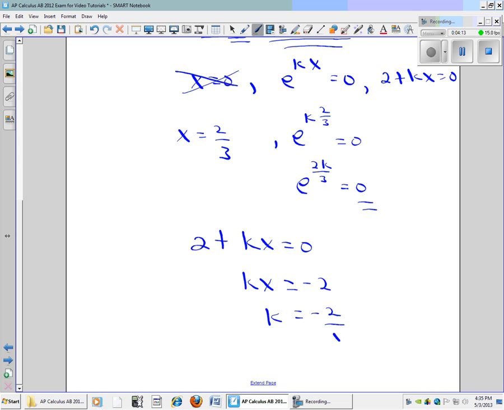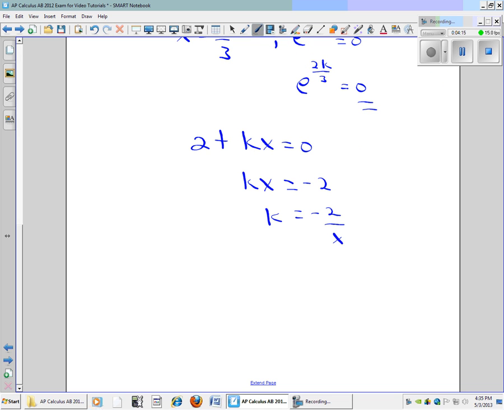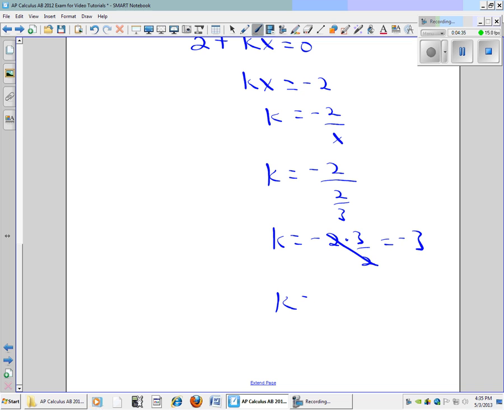And we were told earlier that x is 2/3, and so k would be -2 divided by 2/3. And if we divide by a fraction, we can multiply by its reciprocal. So we get -2 times 3/2, and the 2's cancel, leaving just -3. So our value for k is -3.